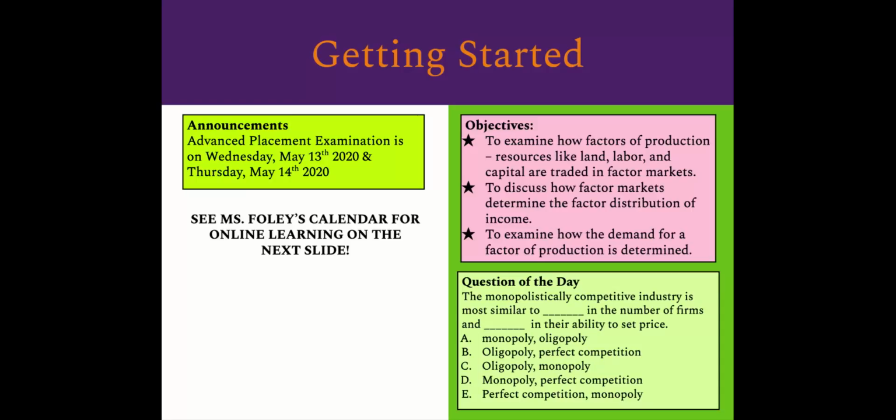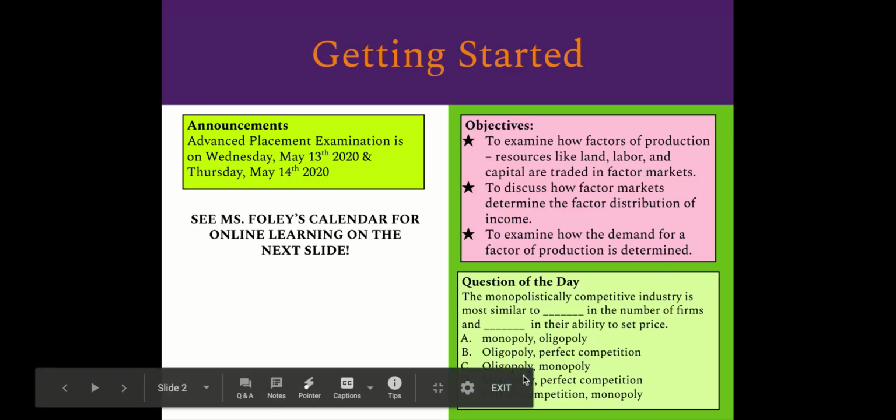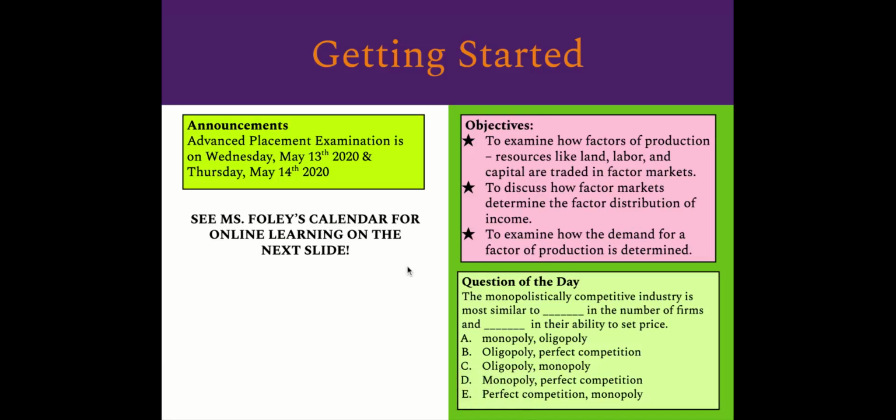These are your restaurants, like your pizza places in Denville, the frozen yogurt places, the clothing places in the Rockaway Town Square Mall. So there's a lot of different firms in monopolistically competitive industries. That must mean that they're very similar to perfect competition, which also has a lot of firms.